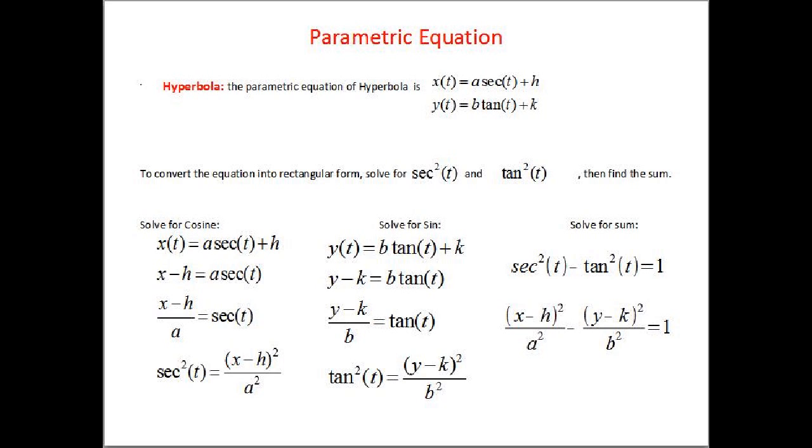Secant squared of t minus tan squared of t is a Pythagorean identity. We get (x minus h) squared over a squared minus (y minus k) squared over b squared is equal to 1.